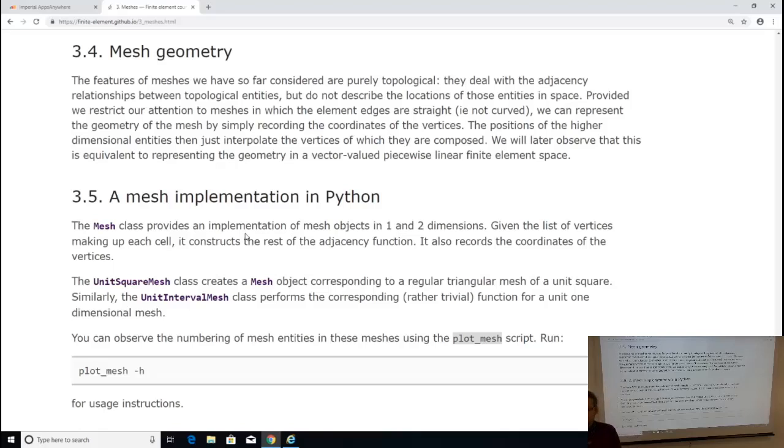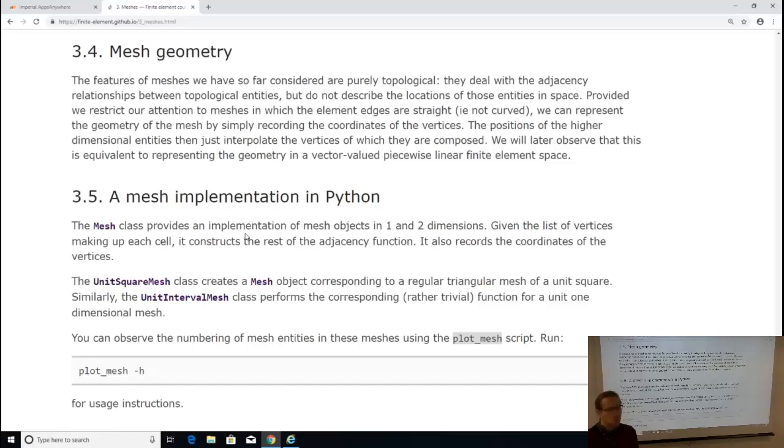Actually, if you wanted to have bent elements, for example, because you are solving a problem on the surface of the sphere and you find that it's not accurate enough to represent your sphere as something with a lot of flat facets, and that one's for real. We have discovered that if you want to do finite element models for ocean and atmosphere, it's not good enough if the cells are flat.